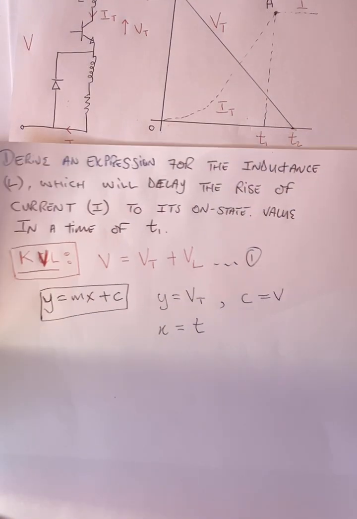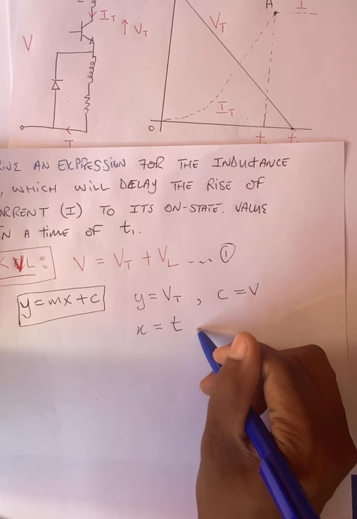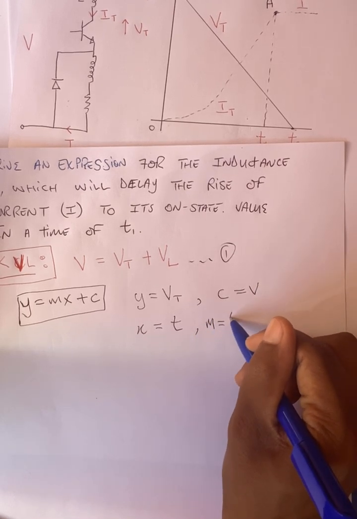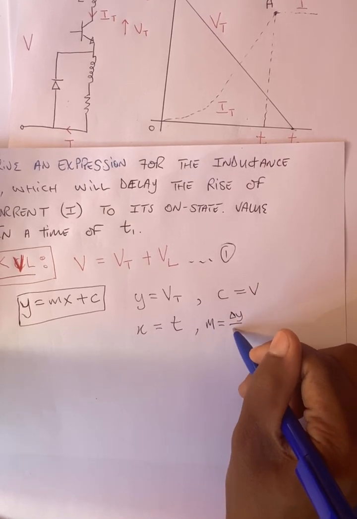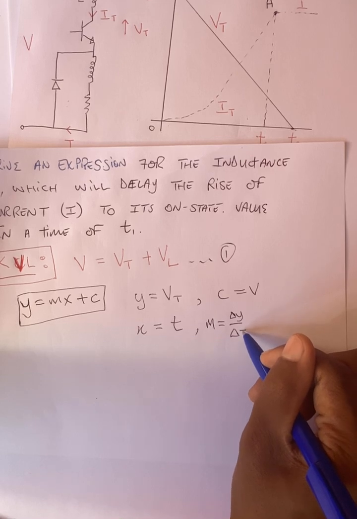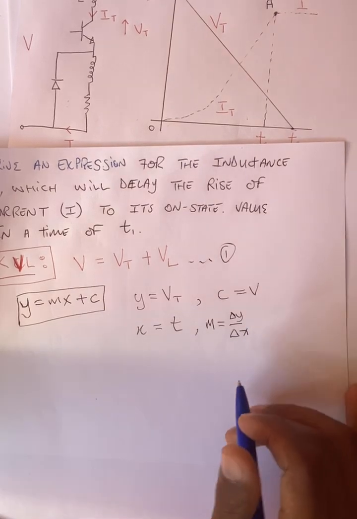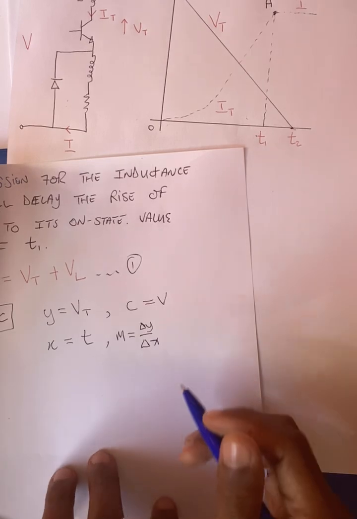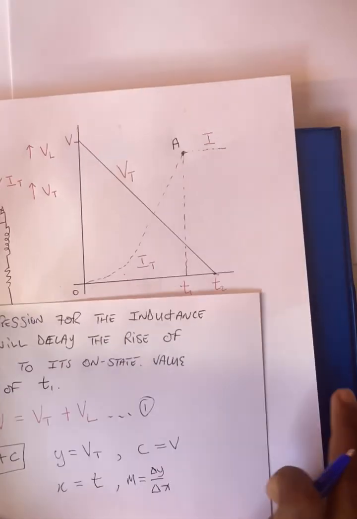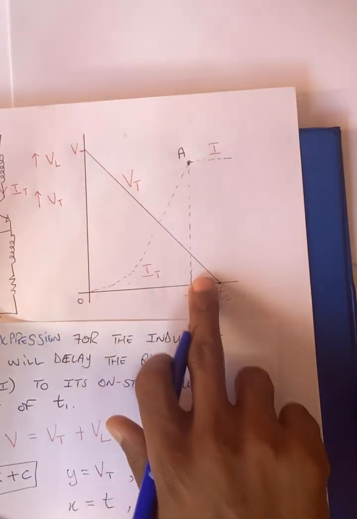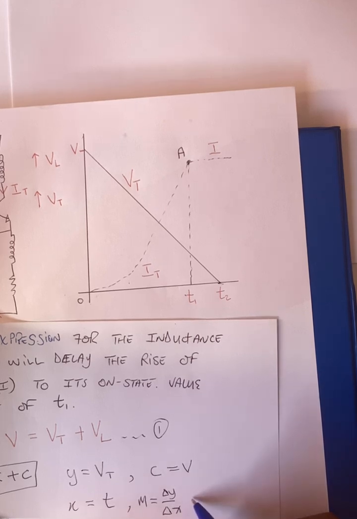The other thing that we also have to note is that m is change in y over change in x. In our case, that simply means the gradient of this line.